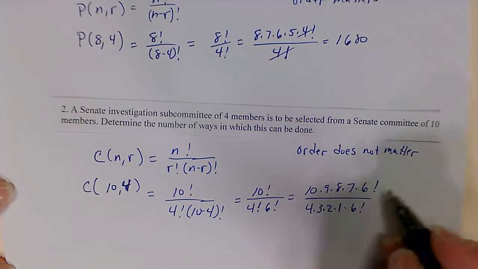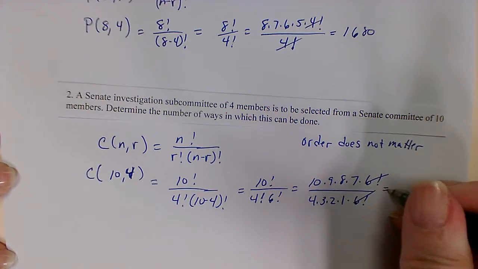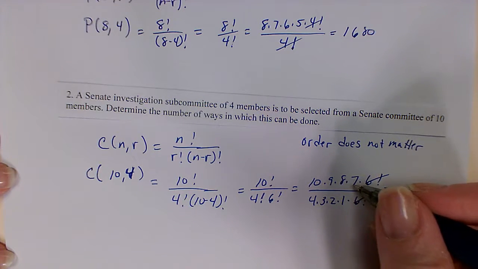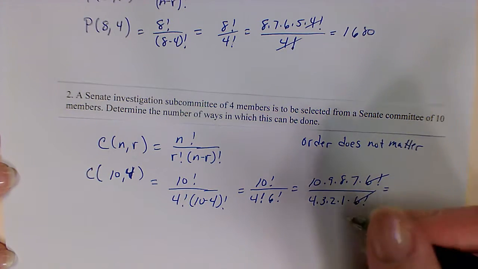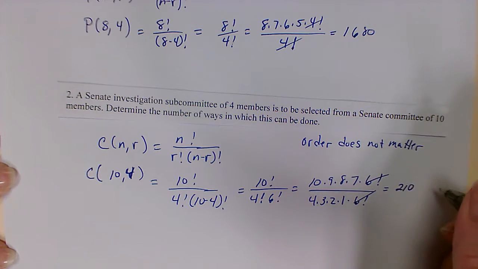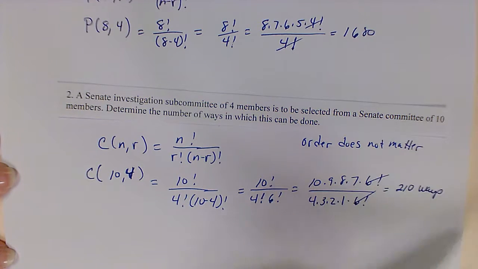We cancel out our 6 factorials, and when we multiply the top and divide by what's on the bottom, or you can cancel out early, either way you want to go, you'll get 210. So it can be chosen 210 ways.